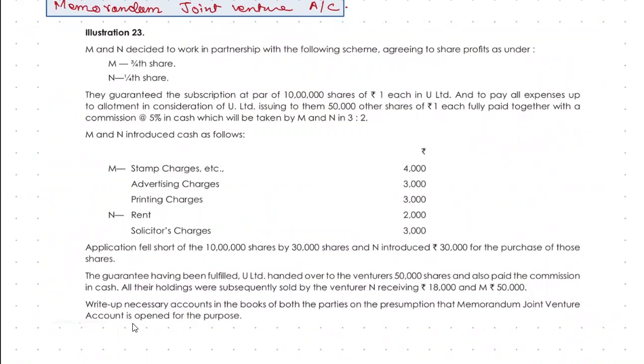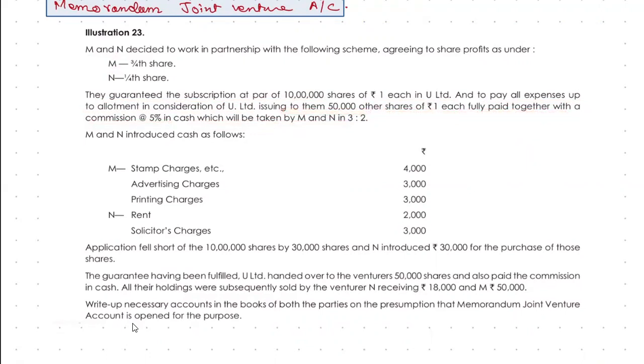M and N decided to work in a partnership with the following scheme, agreeing to share profits 3:1. They guarantee the subscription at par of 10 lakh shares of ₹1 each in U Limited, and to pay all expenses up to allotment in consideration of U Limited issuing to them 50,000 other shares at ₹1 each fully paid, together with a commission of 5% in cash, which will be taken by M and N in the ratio of 3:2.